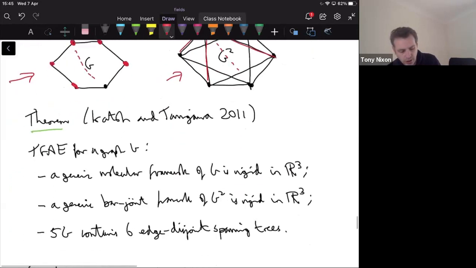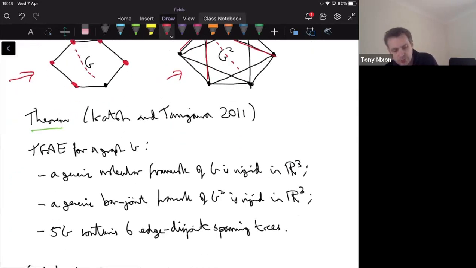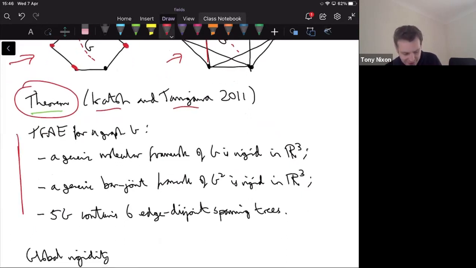Then there was the molecular conjecture, a conjectured characterization of the rigidity of these molecular frameworks. A really big result of Naoki Katoh and Shin-ichi Tanigawa was the solution to that, the molecular theorem. I'm still trying to fit everything in 4 minutes, so let me just say this is a really nice result. You can express your molecular framework rigidity as the generic bar-joint rigidity of the square of the graph.